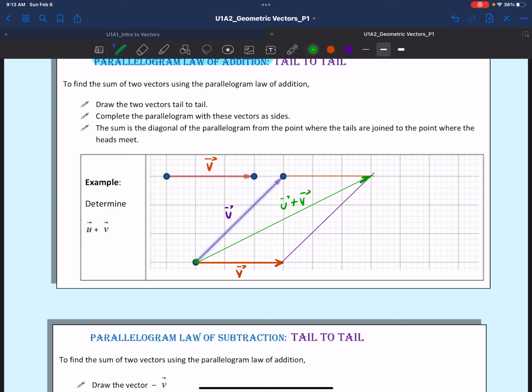We already know that the order in addition won't matter, or subtraction for that matter. Now, we're thinking, how do I know that this method works? I understood the triangle law, but do both methods give the same answer? So let's give it a try by using the triangle law of addition. So I'm going to start off with drawing the vector u.